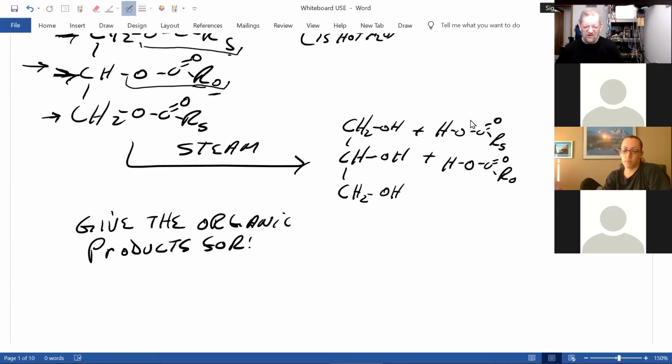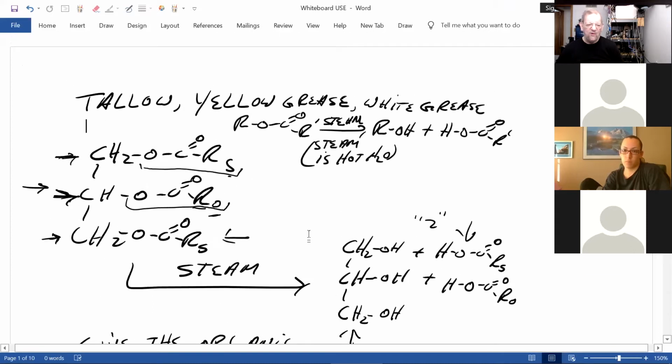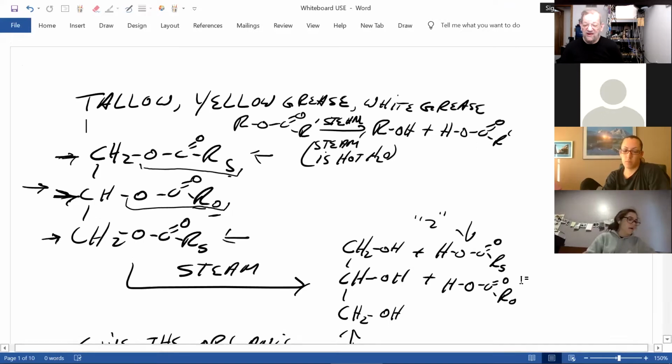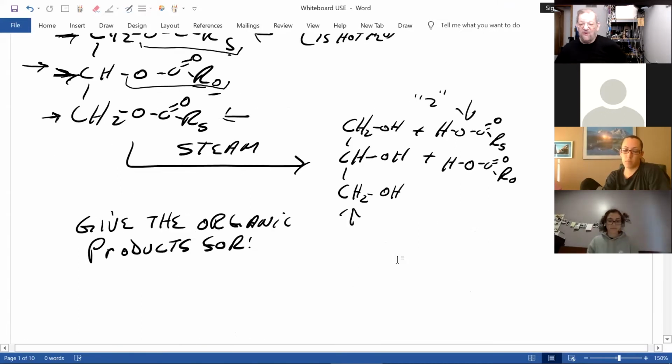And what you get is glycerin, stearic acid, but you get 2 of them, one from this ester and one from this one, but they're both the same thing, stearic acid. So if you want to write it a second time, you can.